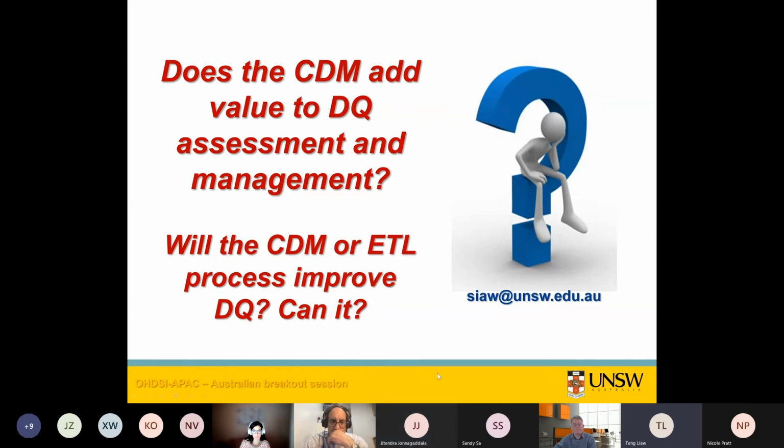I think the issues that Michael raised about the challenge of data quality assessment tools that are agnostic of data models, perhaps leading to common data models and common metadata models, maybe. It's an interesting area to work on. So perhaps I can throw this to the panel.